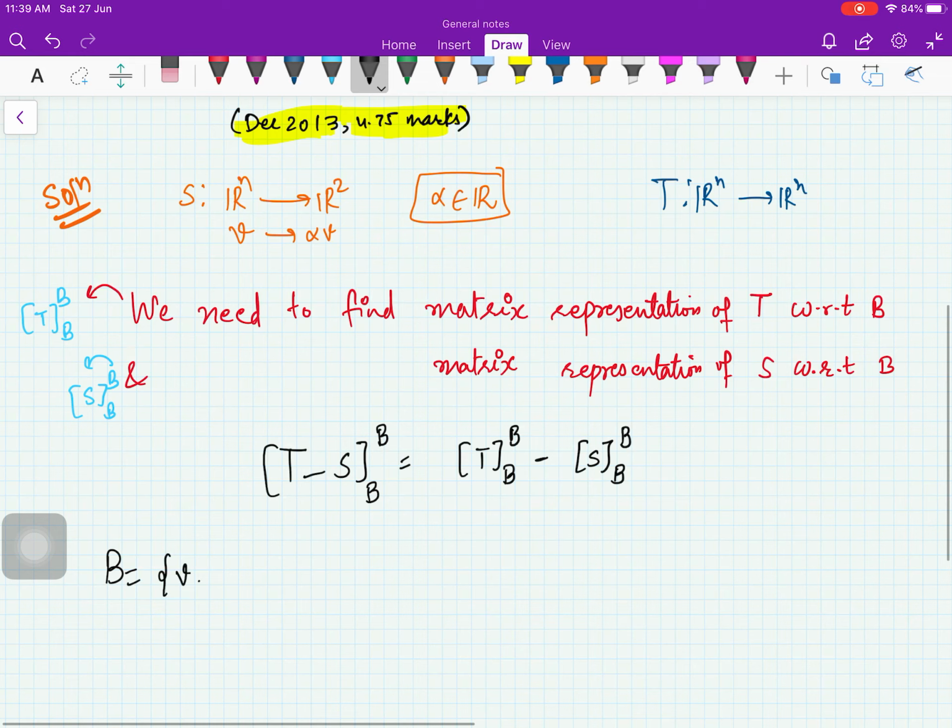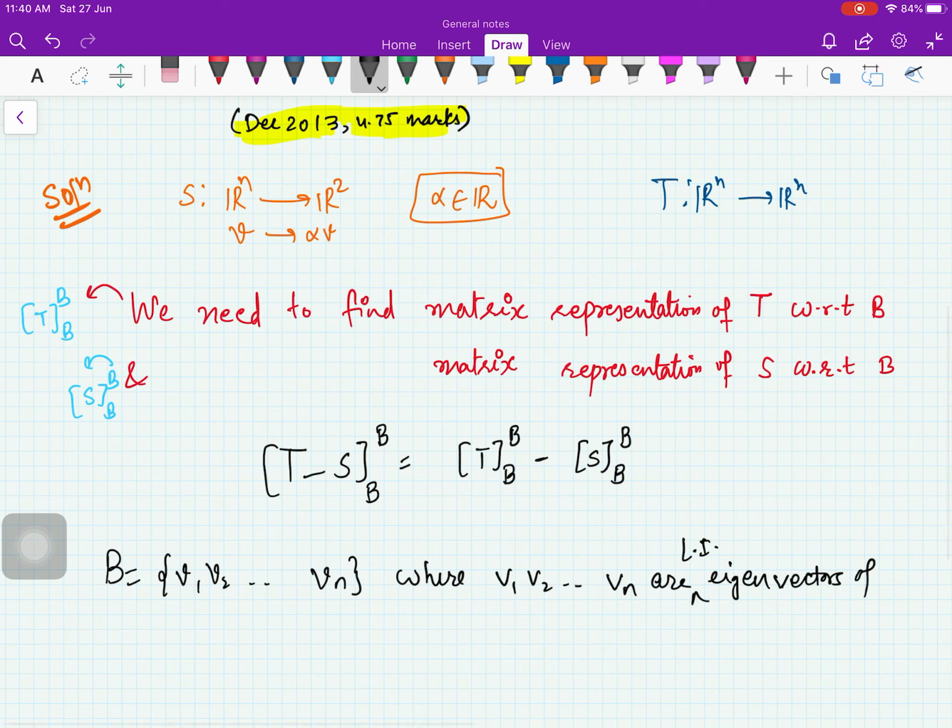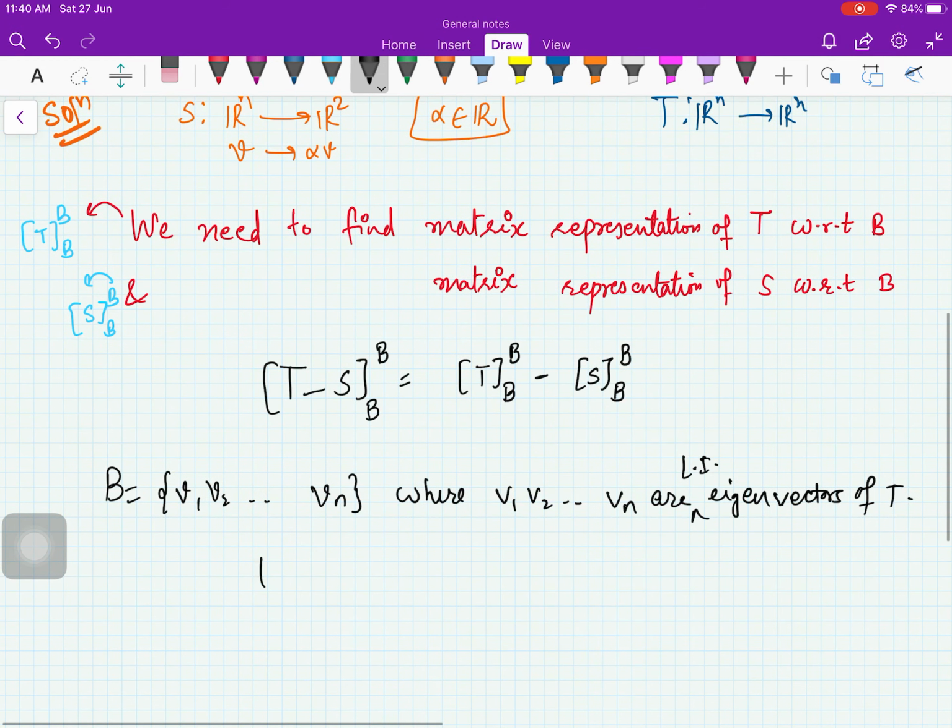Now B contains V1, V2, up to Vn, where V1, V2, up to Vn are linearly independent eigenvectors of T. Now you know that eigenvectors means that T of V1 is some constant times V1. This is the meaning of eigenvector.